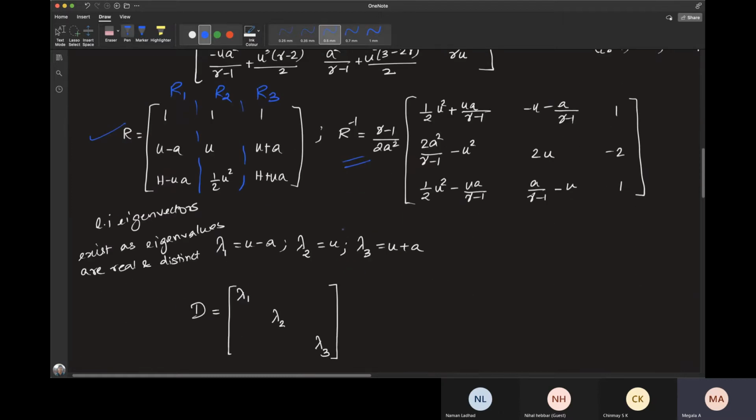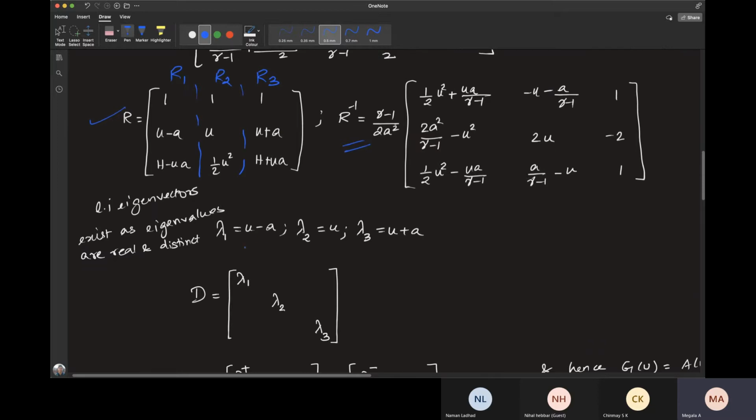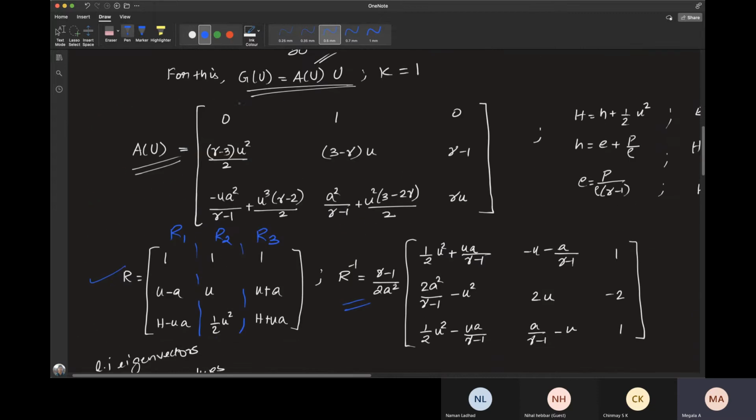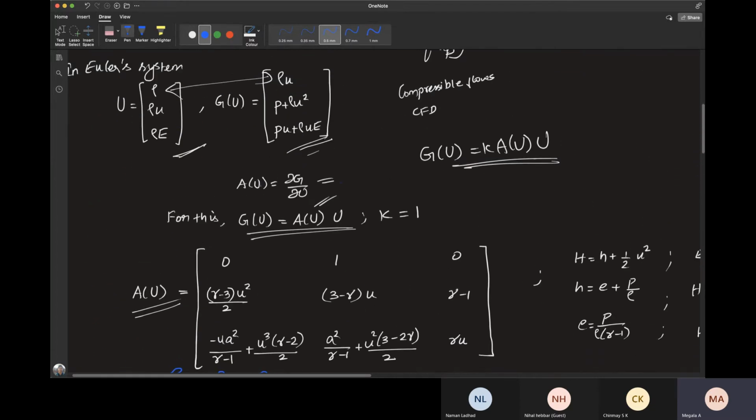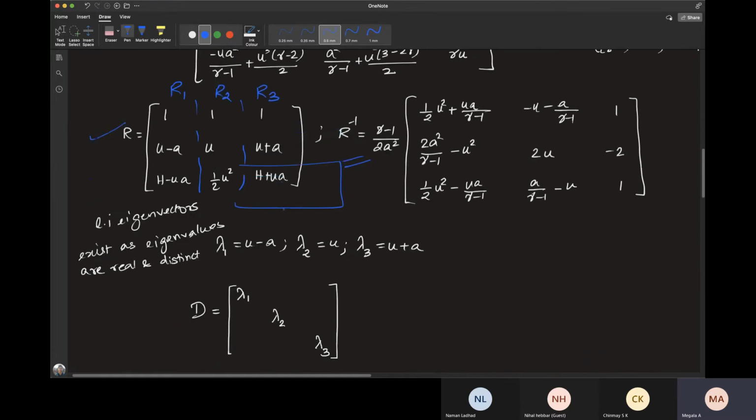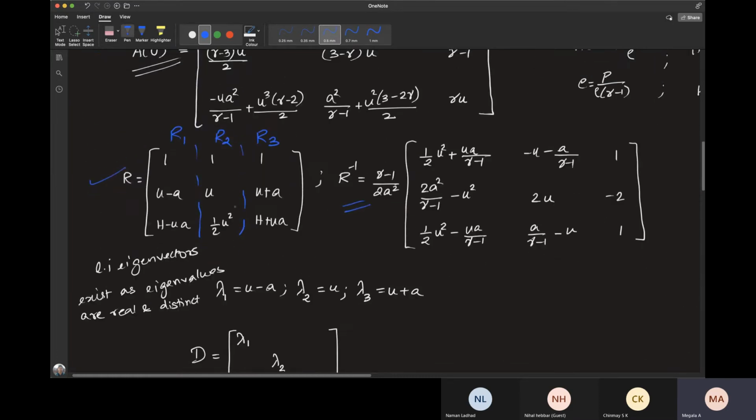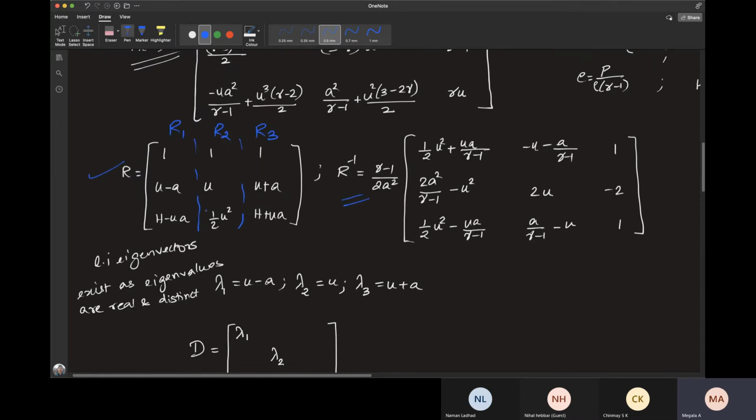Because we have linearly independent eigenvectors, you have the matrix A of u equals ∂g/∂u. If we try to find the eigenvalues for this matrix, they will be u minus a, u and u plus a. These eigenvalues are real and distinct unless a is 0.